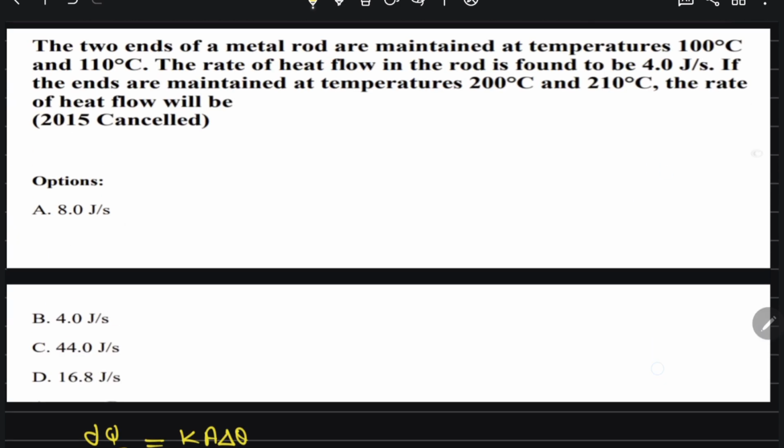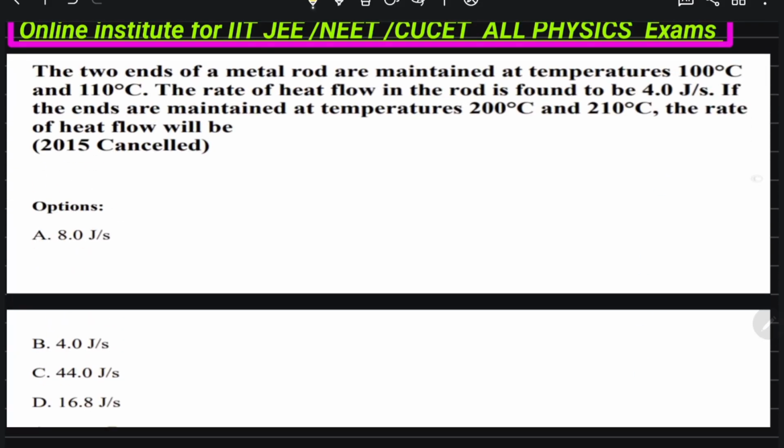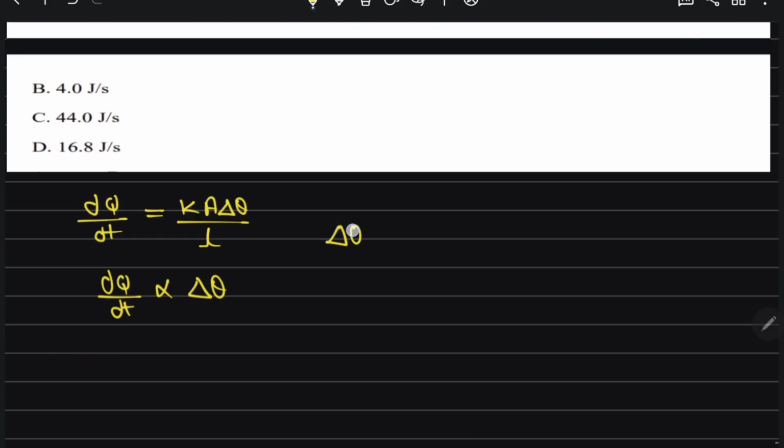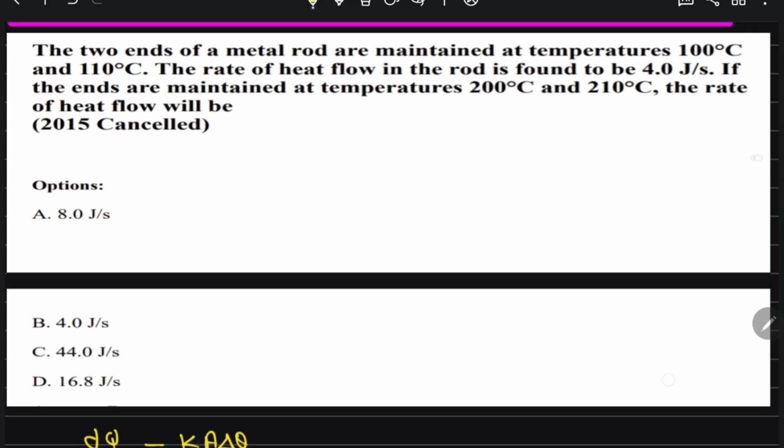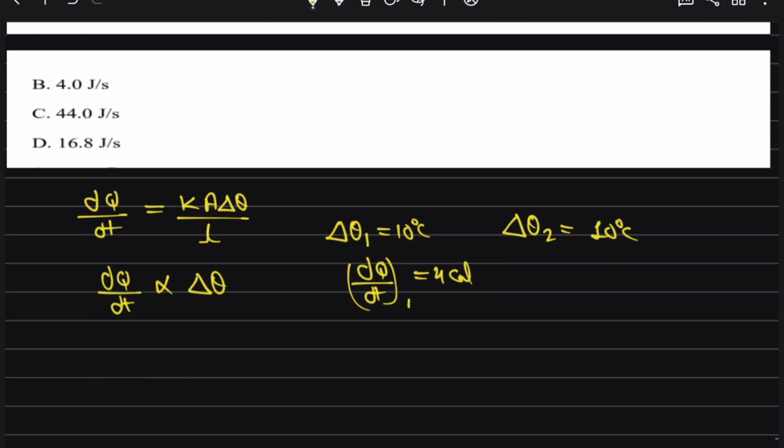Temperature difference: in the first condition, 100 to 110, means 10 degrees Celsius. In the second condition, the temperature difference is again 10 degrees Celsius. The rate of flow of heat for the first condition is 4 joule per second.